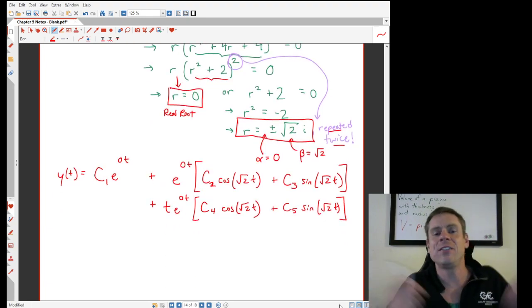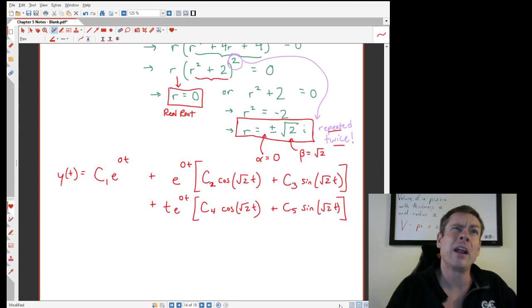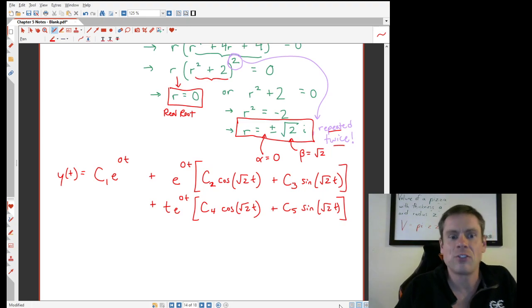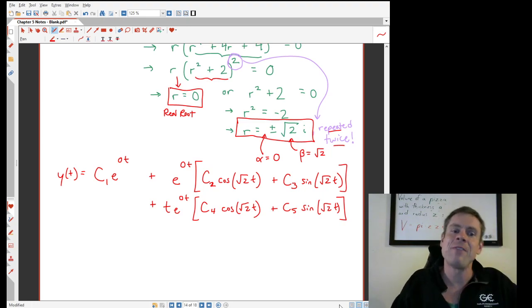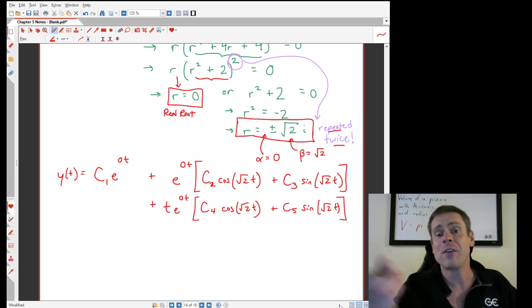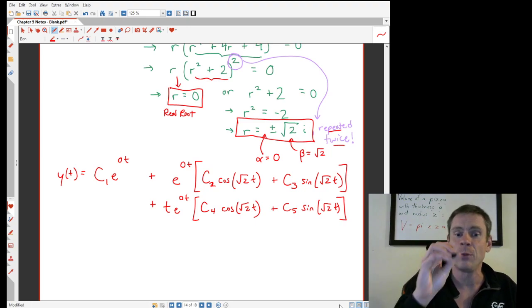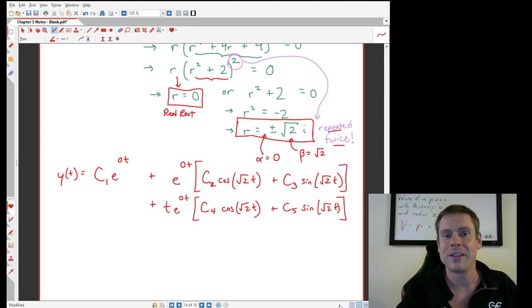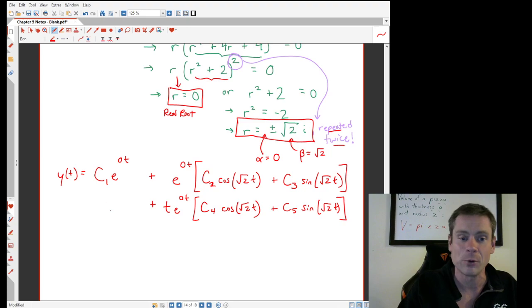Of course, the e to the 0t's, we talked about it when I did the lecture two lectures ago. When you have a 0 real root, that really corresponds to a constant solution. And when you have a complex root with alpha equals 0, the exponential is not really there, and you just get kind of sines and cosines.